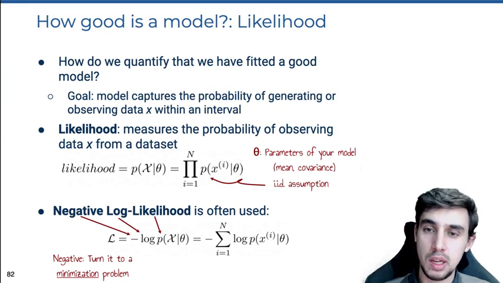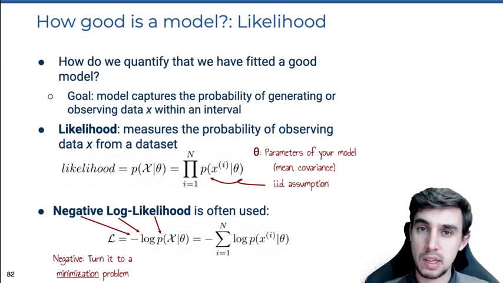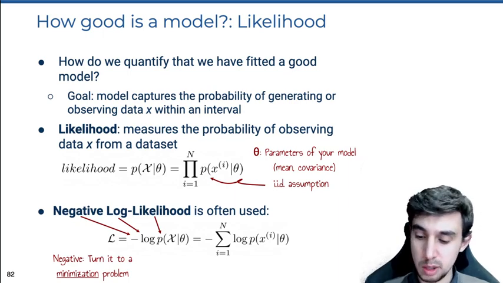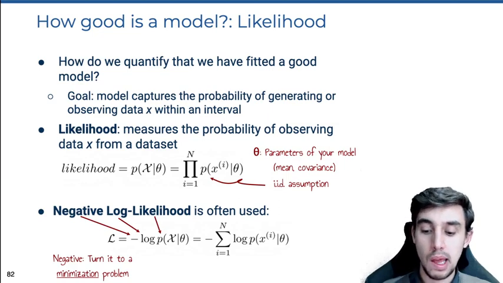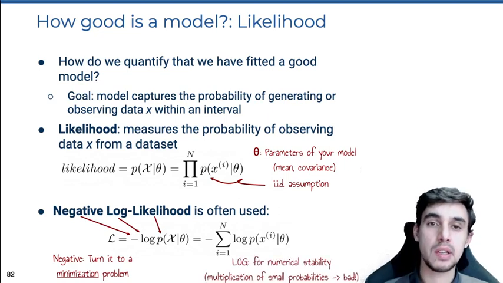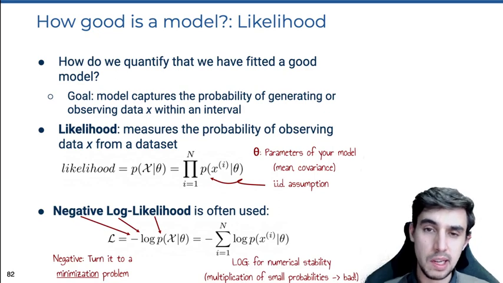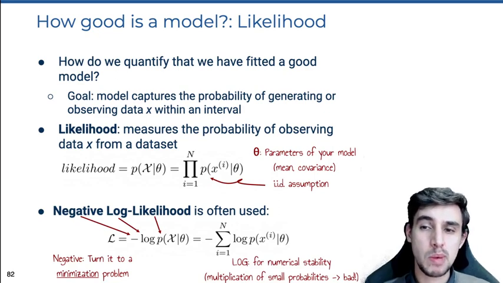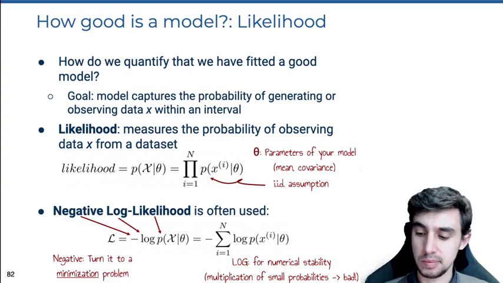And usually in computer science, we are more used to minimizing quantities compared to maximizing ones. You will see next week that in evolutionary computation, it's the exact opposite. And the log is here simply for numerical stability. Indeed, when we start to multiply small probabilities, it's usually bad and leads to some numerical instability.